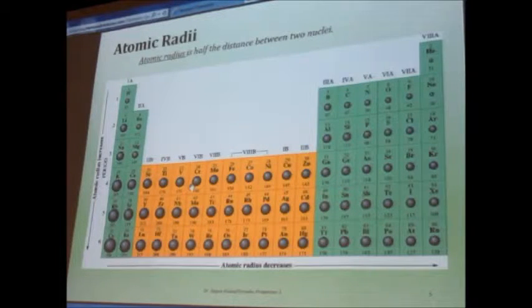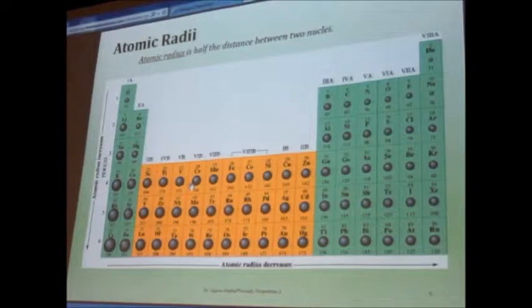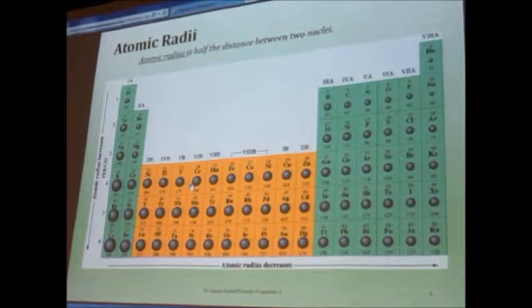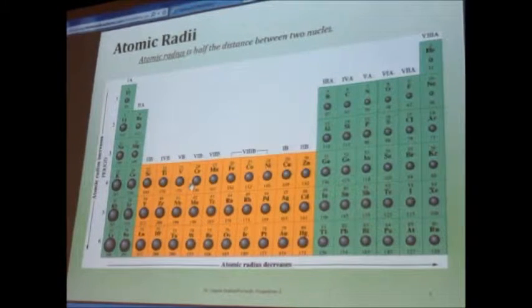But if you're going down, then a new shell is being added, which means the electrons are getting farther away. So if they go farther away, they feel less of that effective nuclear charge. If they're in the same shell, they feel it a lot more. So you can see that for all of these rows, as you go to the right, the size is going to decrease.